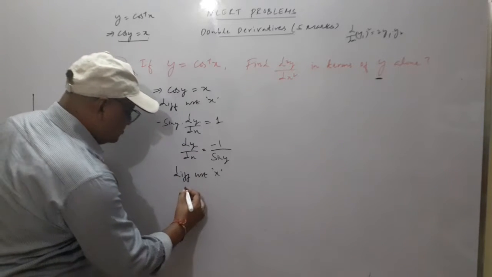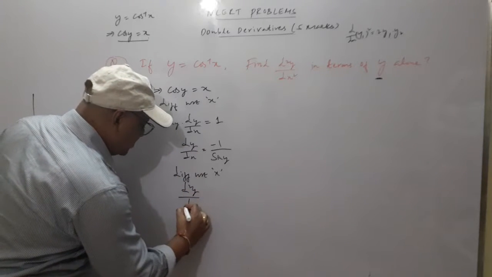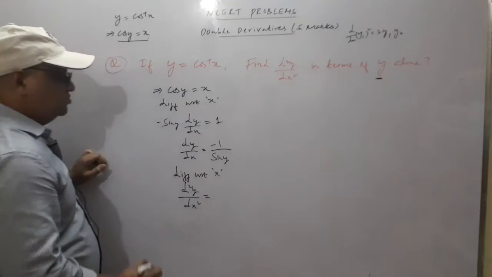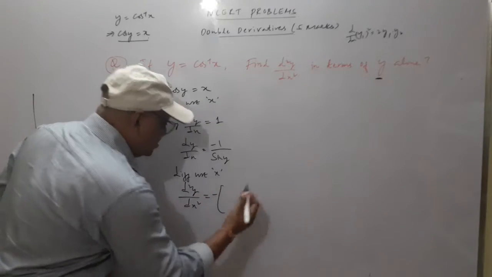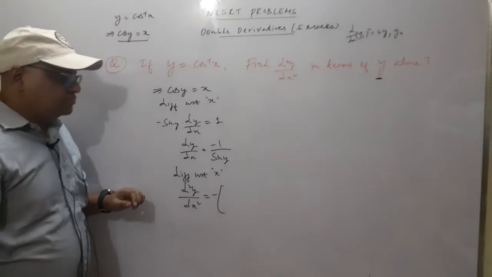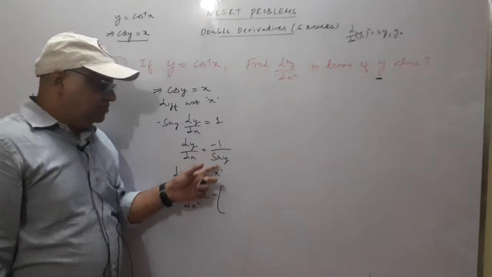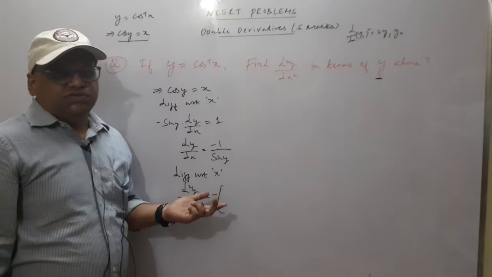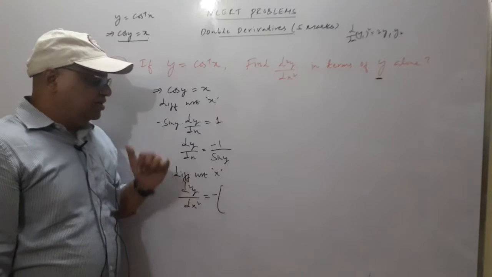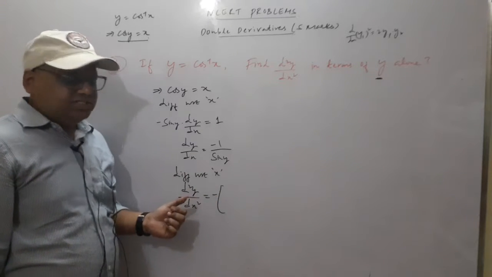So this will become d2y by dx square is equal to, I am going to apply the quotient rule here. If you are thorough with the 1 by x rule, that you can also apply, which is 1 by function, or you can apply the quotient rule, anything. Here I am going to apply the quotient rule for a change.